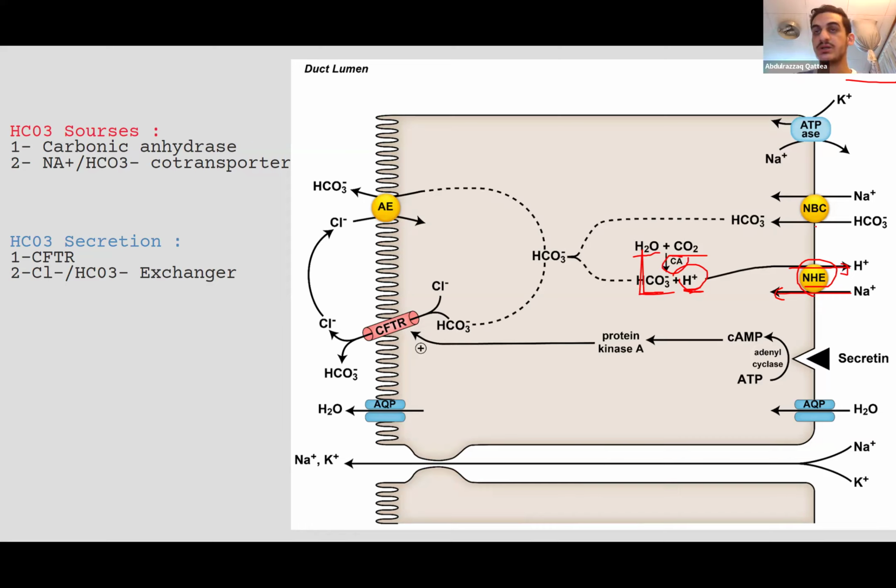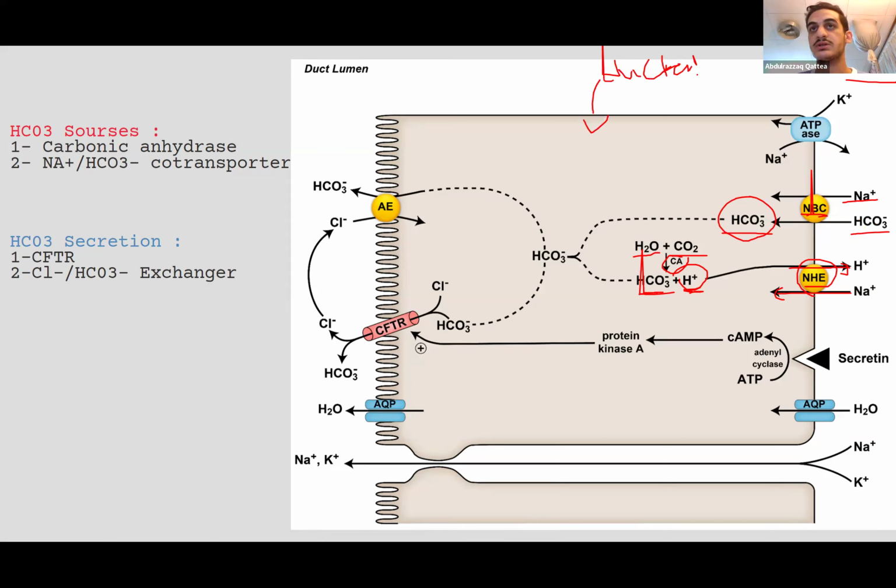The second source is the sodium bicarbonate cotransporter. What does cotransporter mean? It means we have two substances or two ions that will go in the same direction. So the sodium will go inside and the bicarbonate will go inside. And then we will have bicarbonate inside the ductal cells.